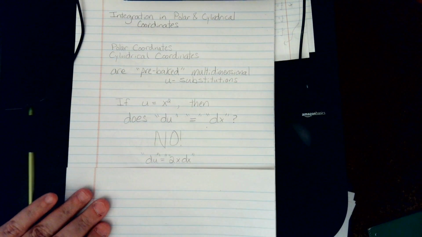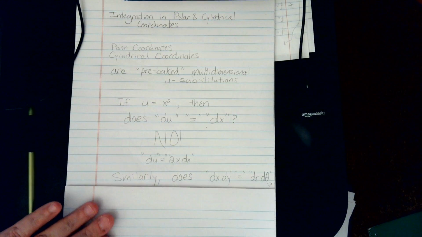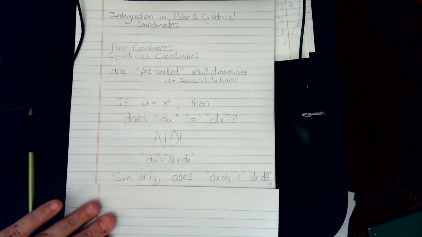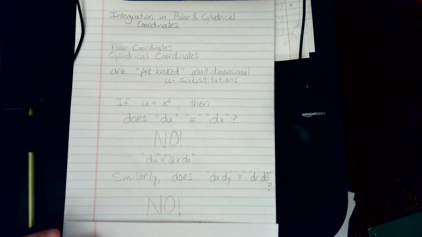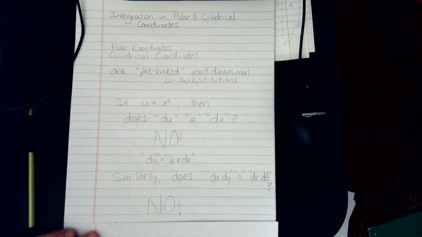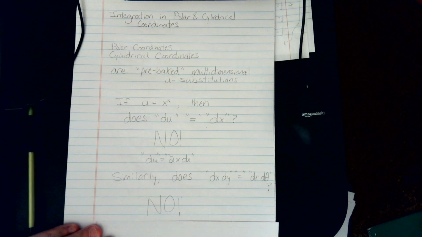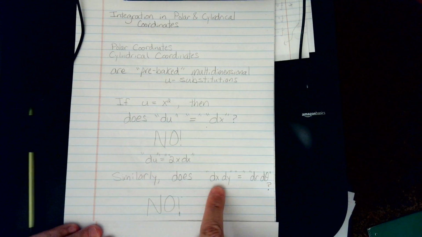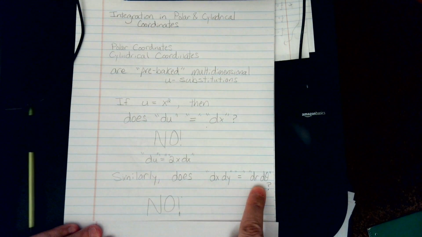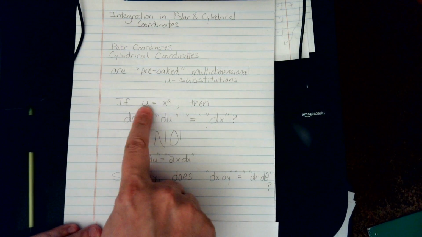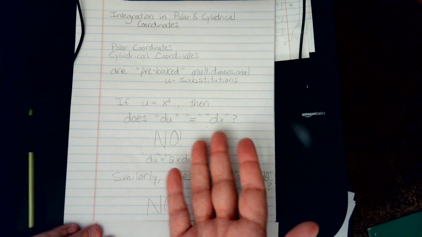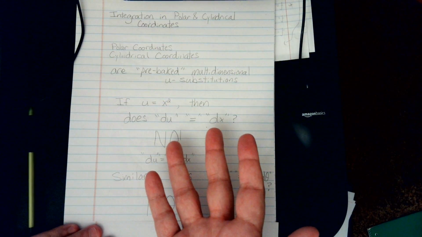And so I have the same kind of question now where I say, does dx dy equal dr d theta? And hopefully you can guess that the answer indeed is no. It's certainly not, and it's a very basic error. If you put dx dy equals dr d theta in an integral, that is the Calc 3 version of the error of saying that du is dx for this nonlinear, non-trivial U substitution.